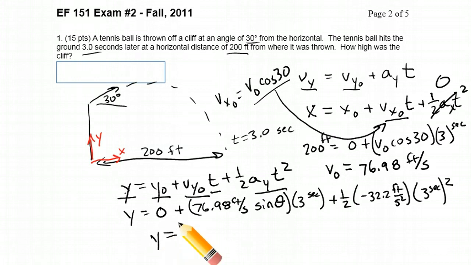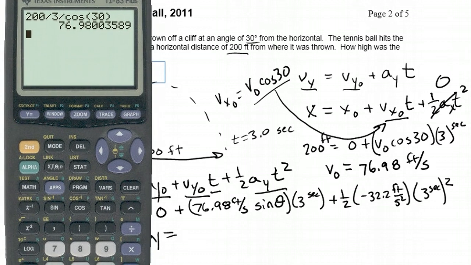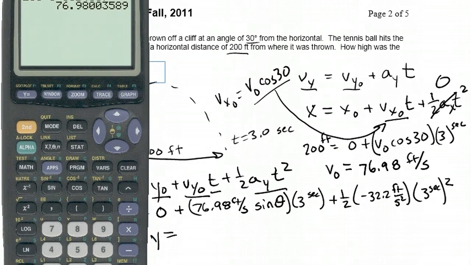Alright, that's going to give us a y of, let's see, theta is 30 degrees right here. Sine 30, minus 32.2 divided by 2 times 9.